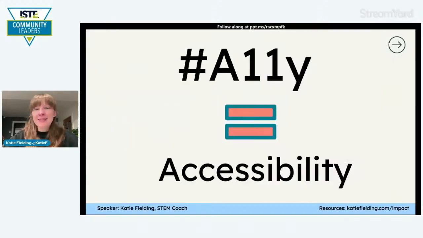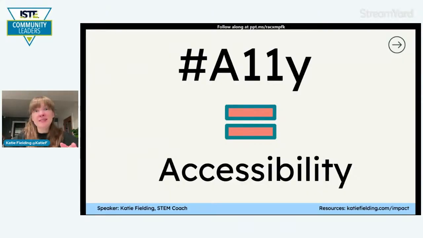So let's move on to talking about accessibility and making classrooms accessible. The title of my session was A11Y, and you're probably wondering, what is that? She said accessibility when she introduced me. What did that mean? A11Y is the first letter and the last letter of the word accessibility, and the 11 letters in between.